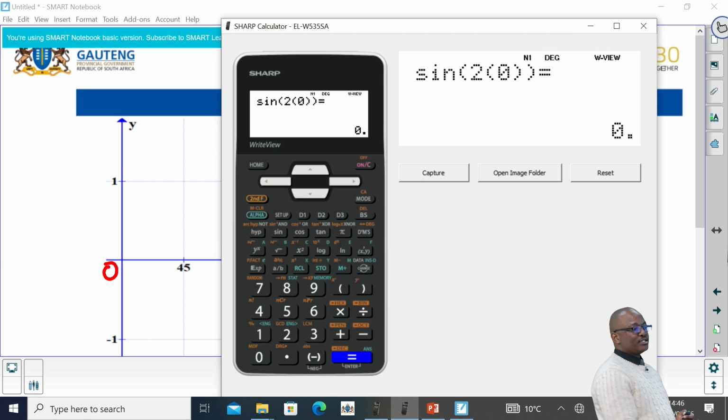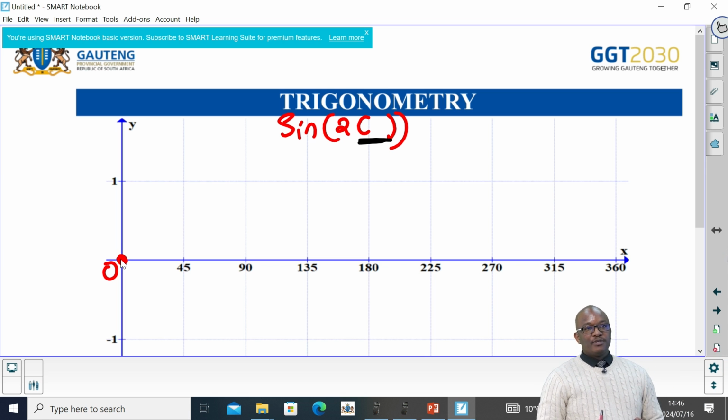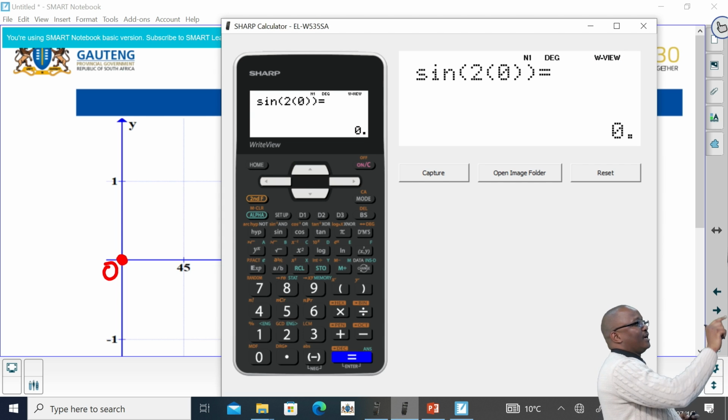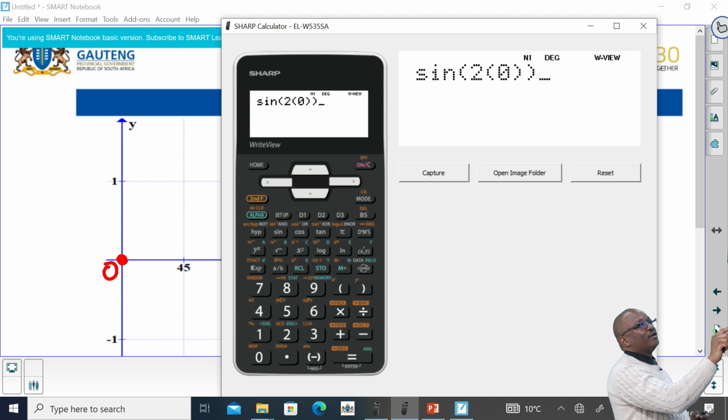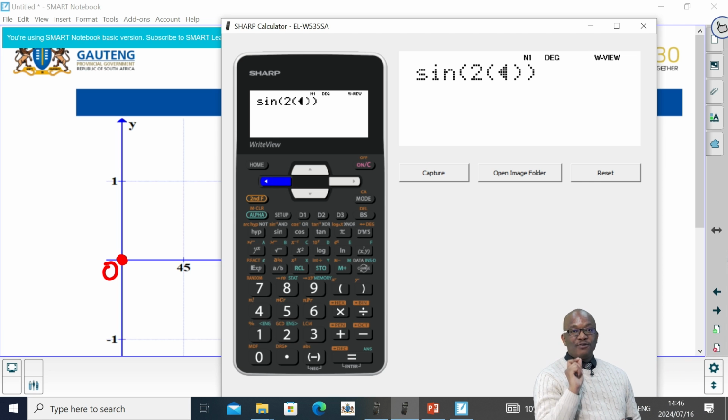So if you say 0 now, you are still going to get 0. We put 0 there. Then now, when you go and put 45, because remember, it's going with an interval of 45. The critical values were 0, 45.